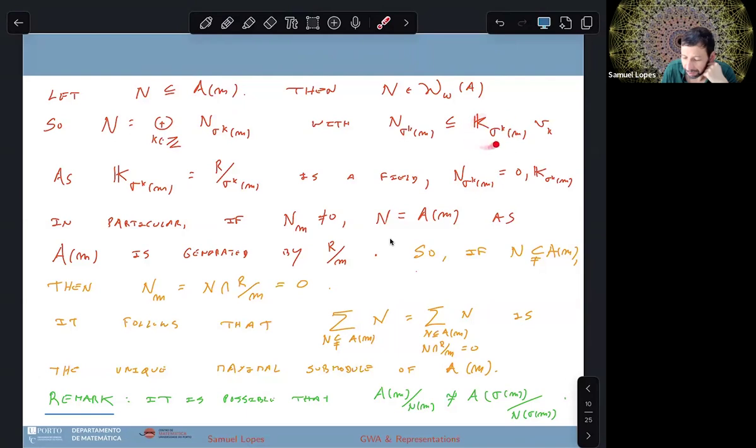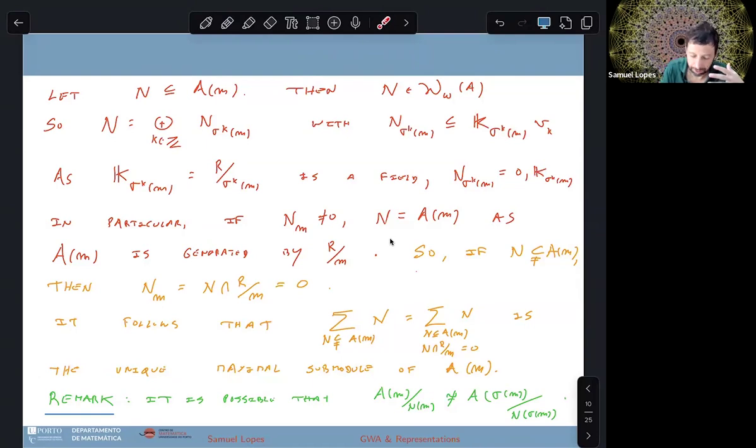But this is a field. These elements are elements of R which are invertible modulo this ideal. So there are only two possibilities for this space. It's either 0 or it's this whole field. There's no middle ground. So this weight space is either 0 or it's everything.